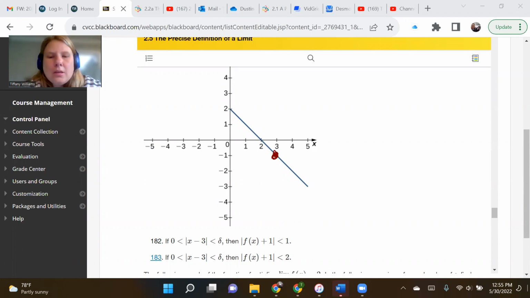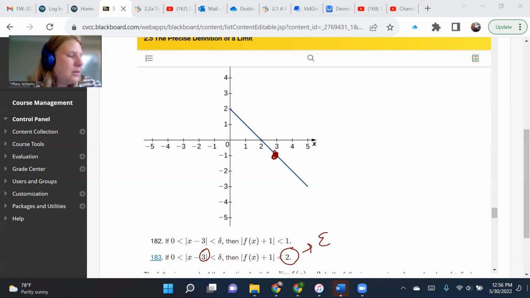Okay. So again, this value here is my epsilon. So we're going to do the very same process that we did in the last one. 3, -1. I said +1. 3, -1. Because we want to figure out what we're approaching as we approach 3, right? There's our 3, and then of course we are approaching -1.